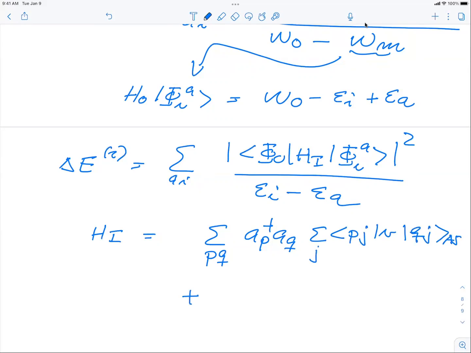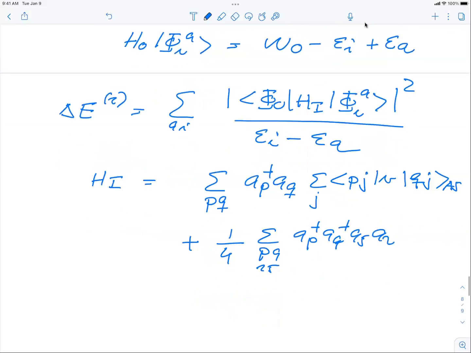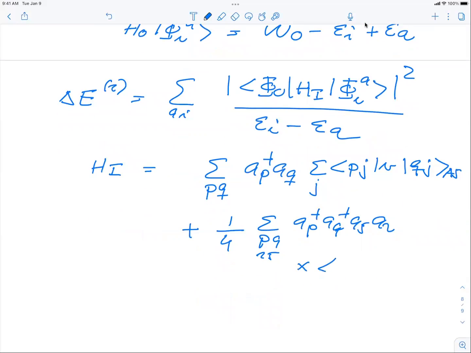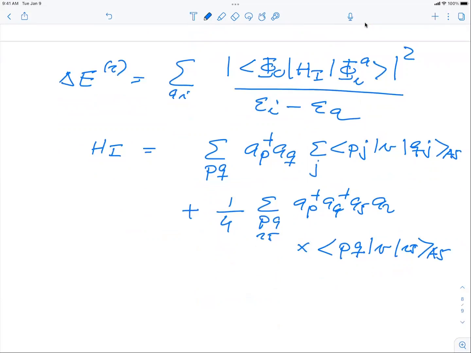And then I have the two-body term, which is a sum over 1 over 4 of PQRS. And then I have my AP dagger, AQ, AS, AR. And this is then multiplied with the matrix elements PQ, V, and then RS, anti-symmetrized. So if I now take a look at this matrix element, what I need then is phi 0.